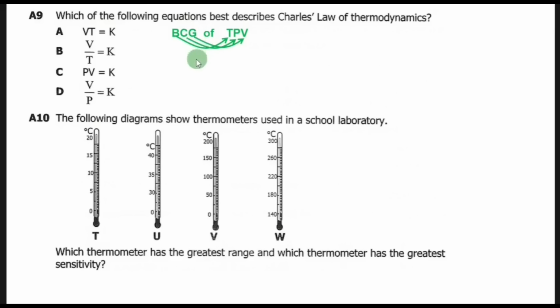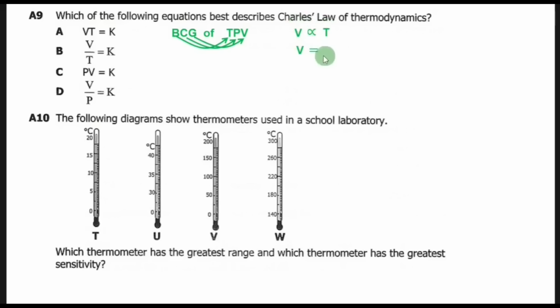Now, as we are dealing with Charles' law, for a fixed mass of a gas at constant pressure, we are saying temperature is directly proportional to volume. So I start with volume: volume is directly proportional to temperature. Now we can derive an equation. How do we derive an equation? By saying V, where there's this proportionality, we put an equal sign.